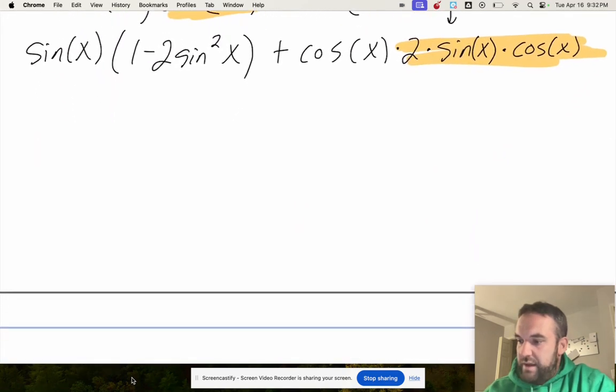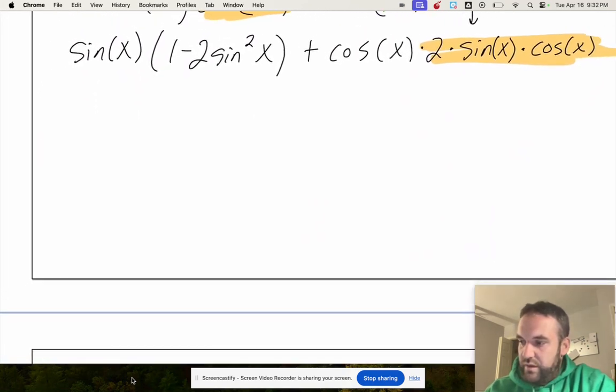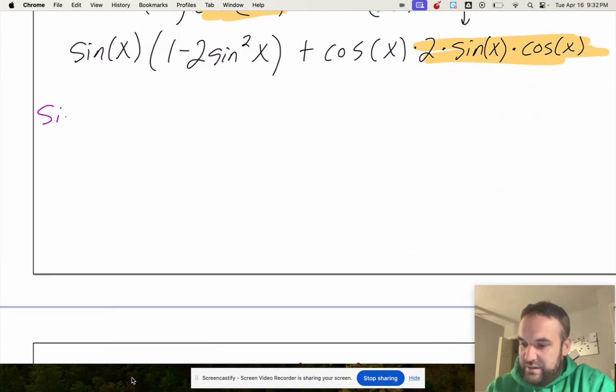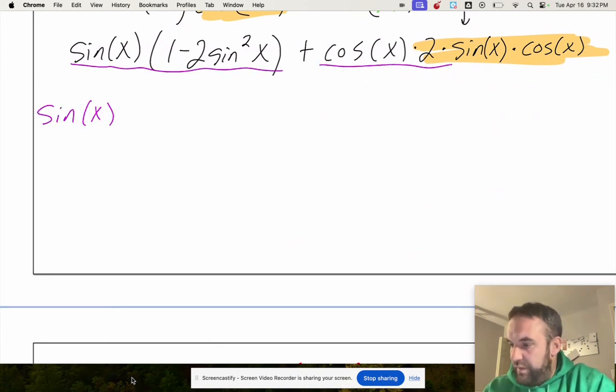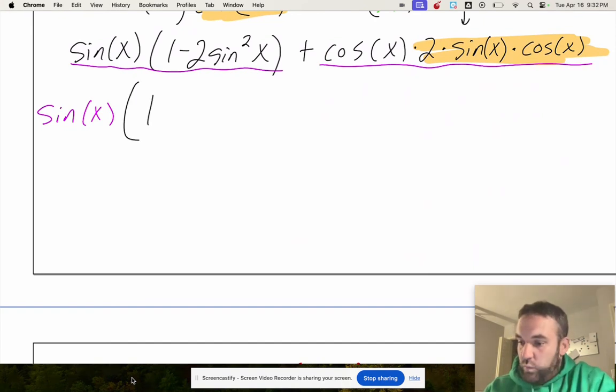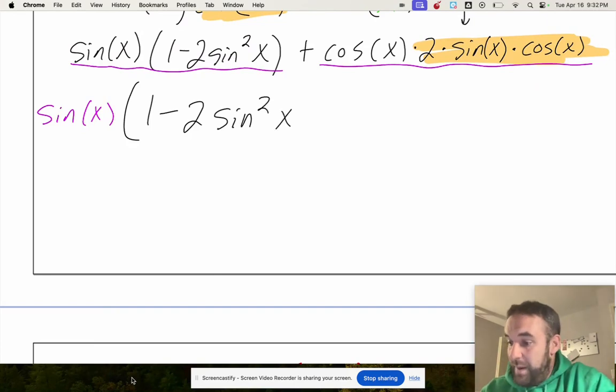So I'm going to factor out the quantity sine x from both this term and that term. And if I do that, what I'll be left with is 1 minus 2 sine squared of x. That's my first term.